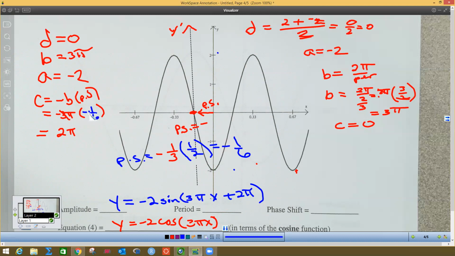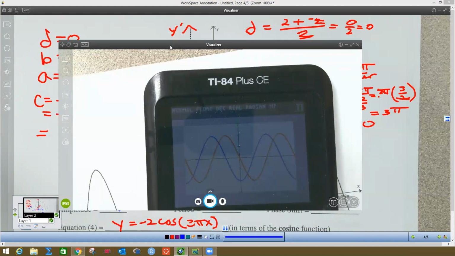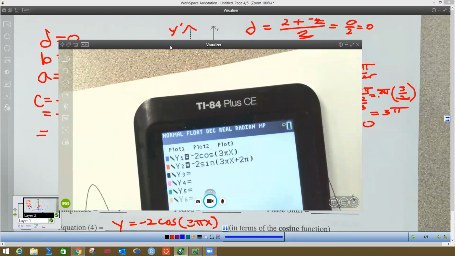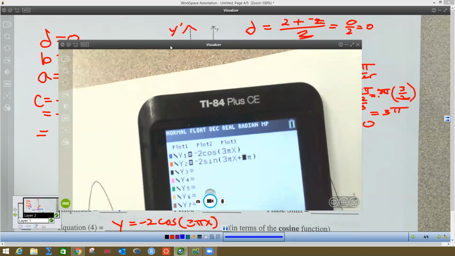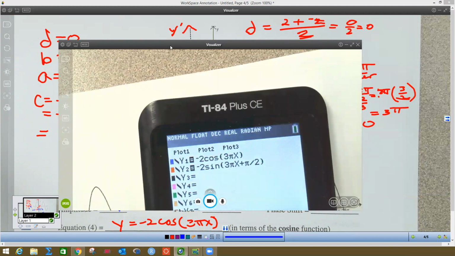And then that 3 and this 6 reduce that to a 2. So let's see what happens if we change that to pi over 2. So I'm going to delete that 2 and then put divided by 2. Now let's check that out.